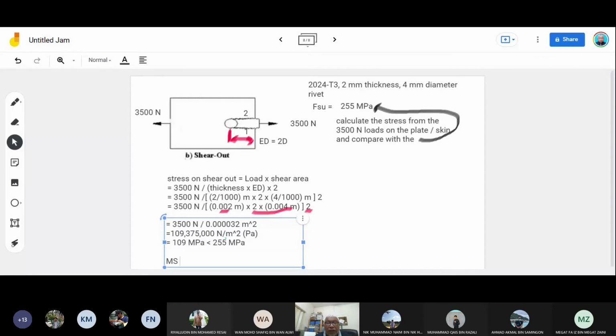Margin of safety will be 255 mega Pascal divided by 109 mega Pascal, which is 2.3, higher than 1, meaning there is no failure of shear out.